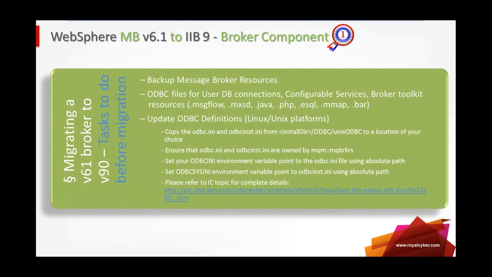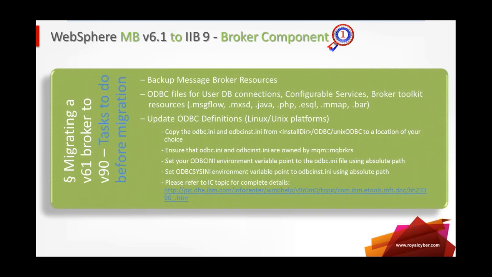All the ODBC files and the database connections, right? We have to make them in the IIB 9 format before applying them to the IIB 9 broker. Then for the ODBC definitions, basically, you have to copy the odbc.ini to a particular location, and it should be owned by the mqm user and the mqbrkrs group.